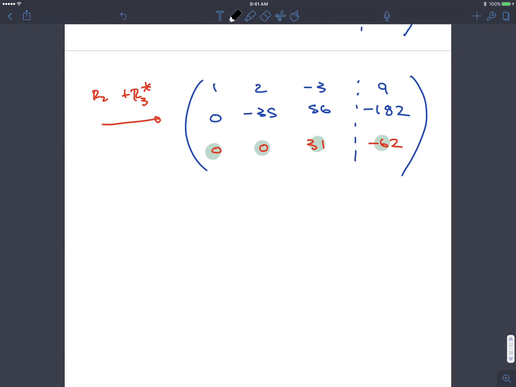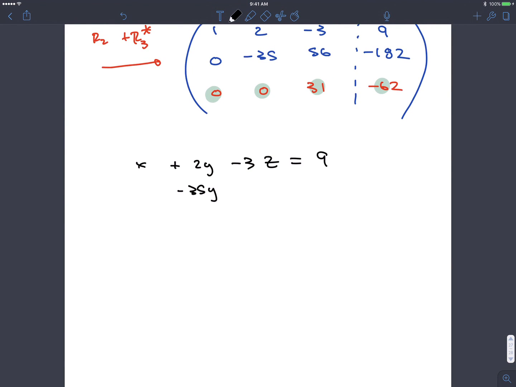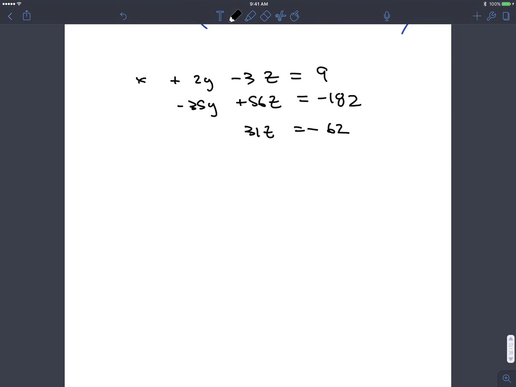If we use these coefficients, we get x plus 2y minus 3z gives us 9. -35y plus 56z gives us -182. 31z is -62. So we're going to solve this. 31z being -62.